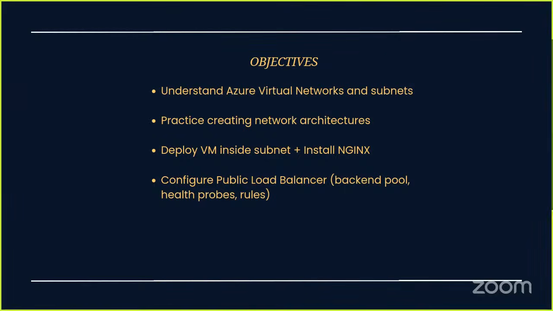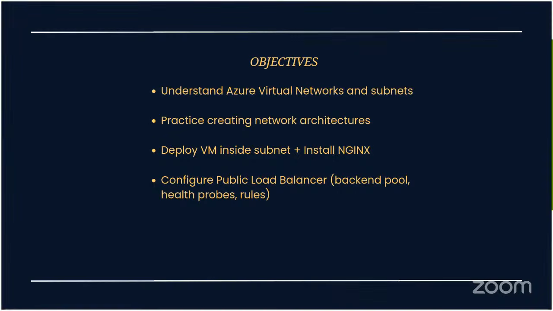Also the load balancer rules, where ports are defined in such a way that communication works smoothly between the front end, the back end, the app, and the Azure subnet.